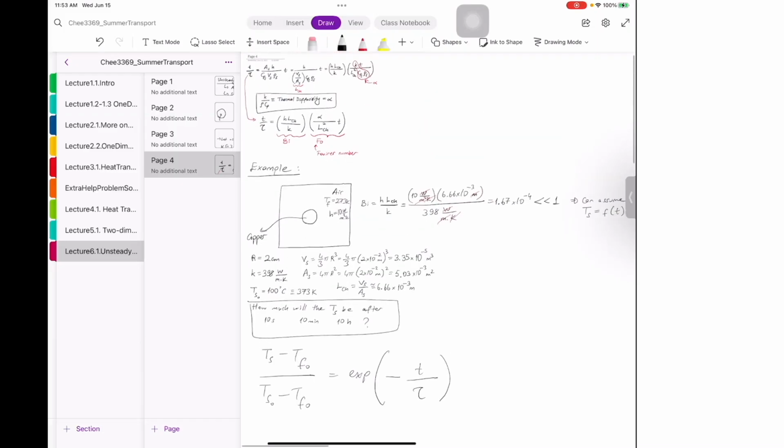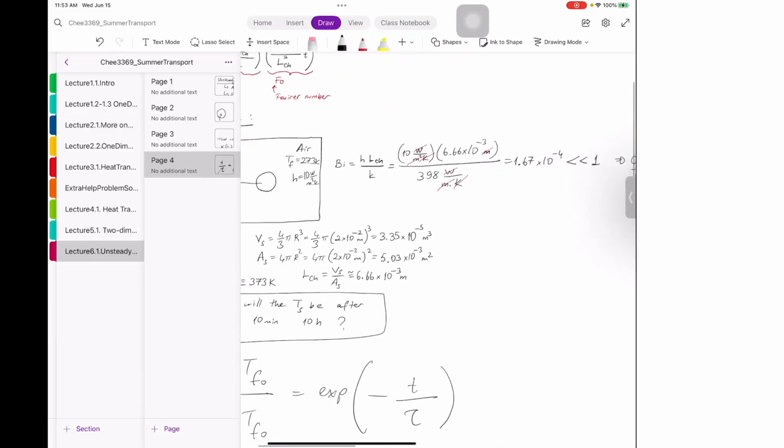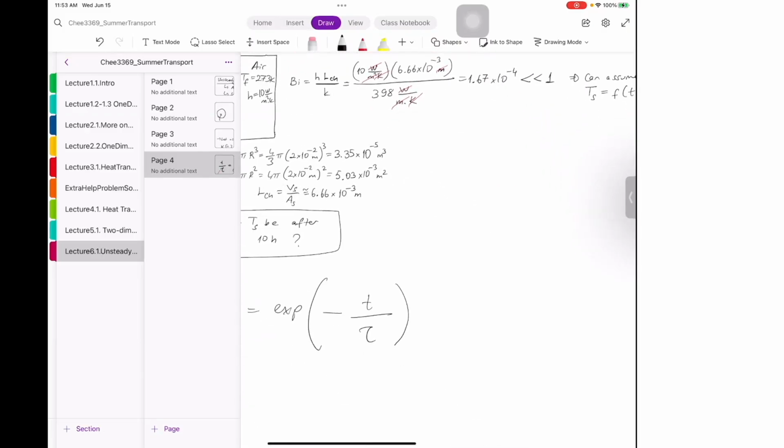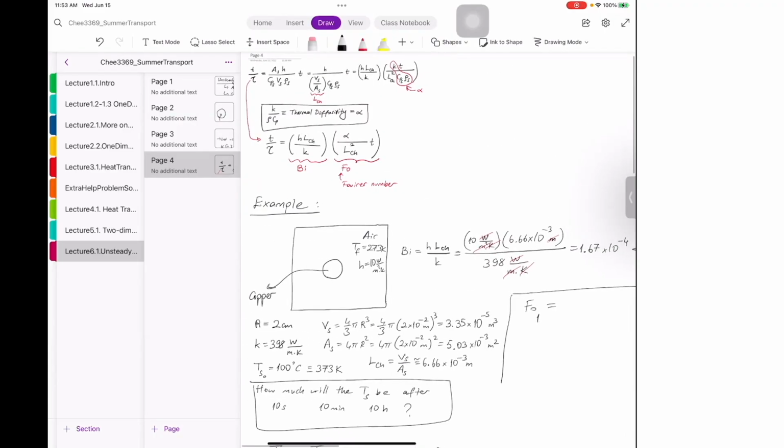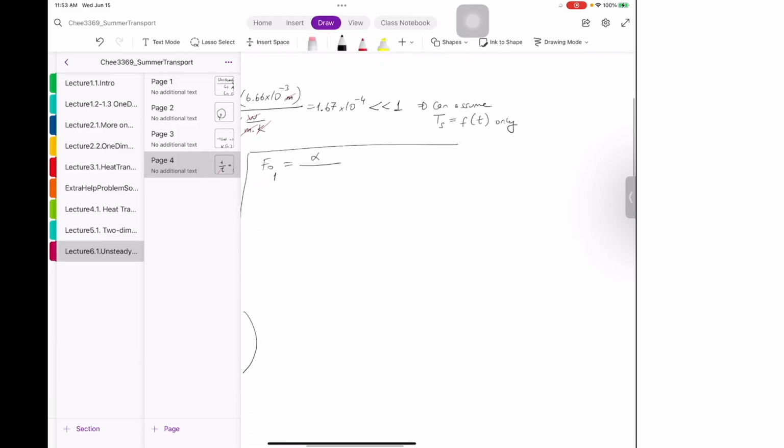And the t over tau I can write as Biot number times Fourier number. And the Fourier number is alpha over L characteristic squared times time. And alpha is basically k over rho Cp.